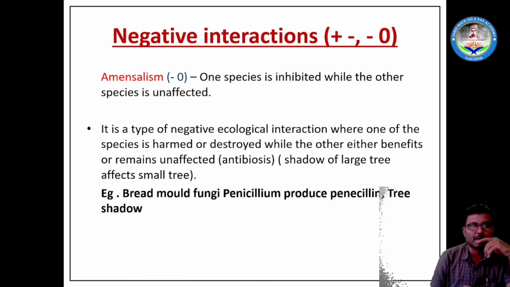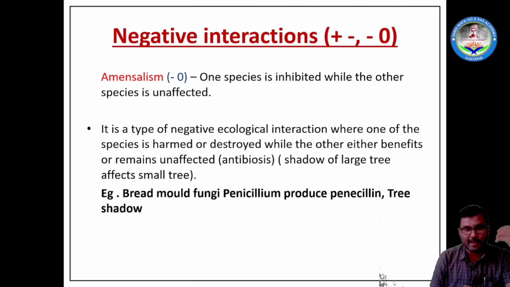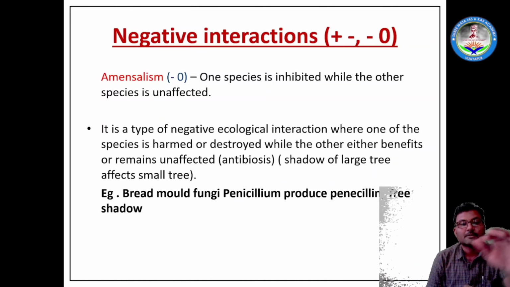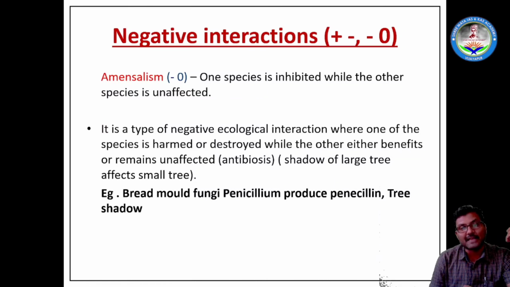Next, we go to the negative interactions. We have two interactions in positive, that is mutualism and commensalism. In negative interactions, we have four interactions. So I have given here plus minus or minus 0. The first one is amensalism.